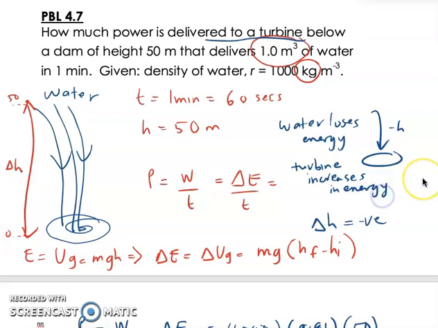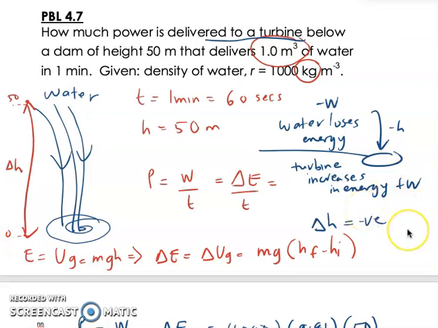So that means it's a positive work. This guy is negative work. But I am calculating for the power delivered to the turbine. So which is why I ignored the negative sign, because I already knew that the turbine will have an increase in energy, will have a positive work done, and will have positive power.